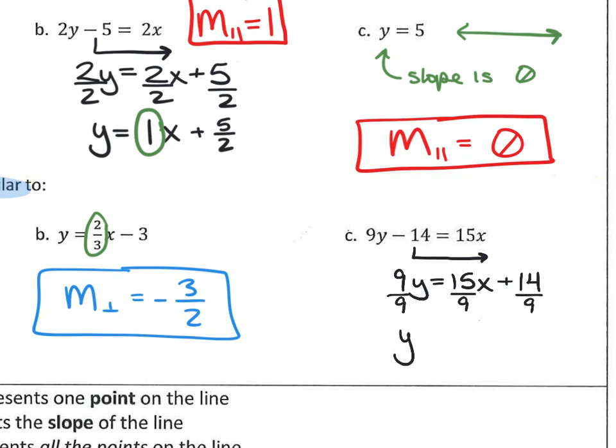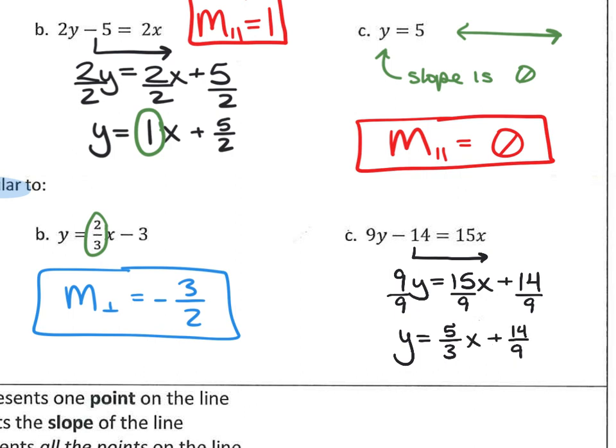And so we have y equal to 15 divided by 9. I think that one might reduce. Can somebody put that fancy fraction in their calculator and see what it reduces to? 5/3, right? And then 14 divided by 9, I'll give it to you right now.